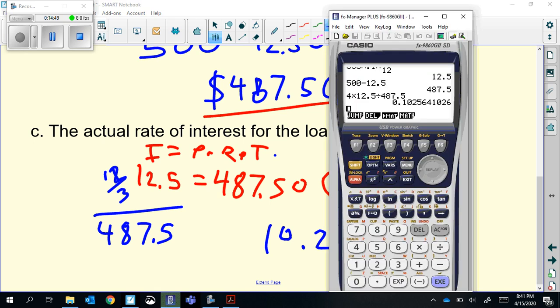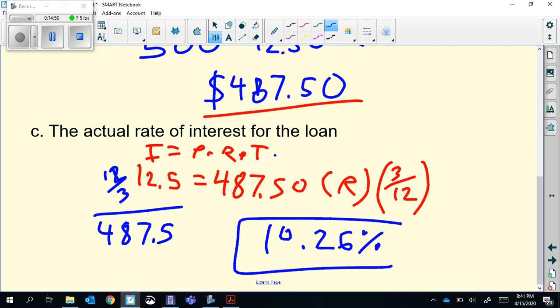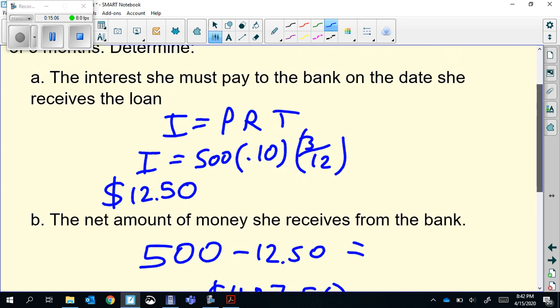Actually, I think that was 256, so 10.26%. That's just a kind of a weird calculation based off of how they subtract the money from the amount that you're borrowing.